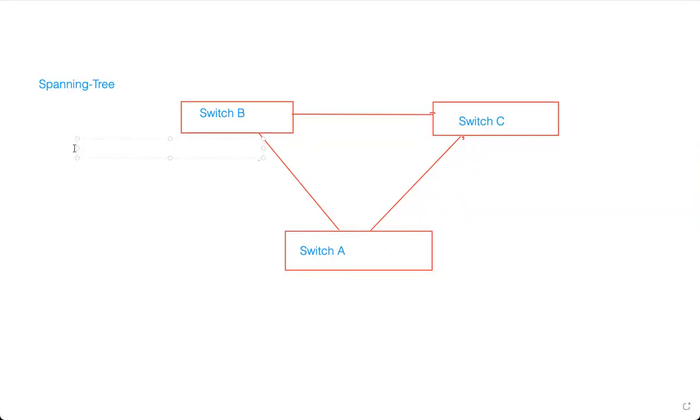When switch A, switch B, and switch C are connected in the network, they all communicate using BPDU messages.